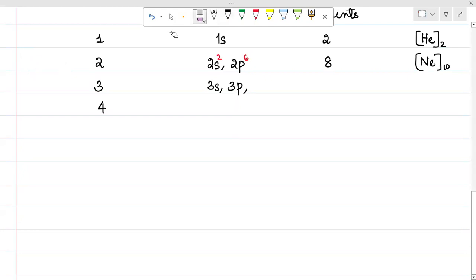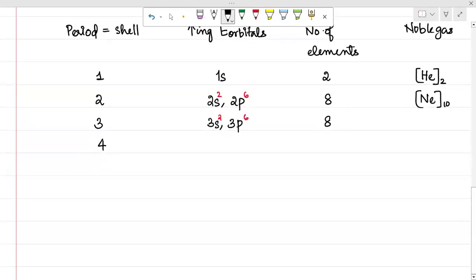So we have only 3s and 3p again, which gives 2 plus 6, 8 electrons, meaning 8 elements. Can you tell me the atomic number of the element over here? We stopped at the end of the second period, which was 10, followed by 8 elements. Meaning the atomic number over here will be 18, and the name you have to learn is argon.